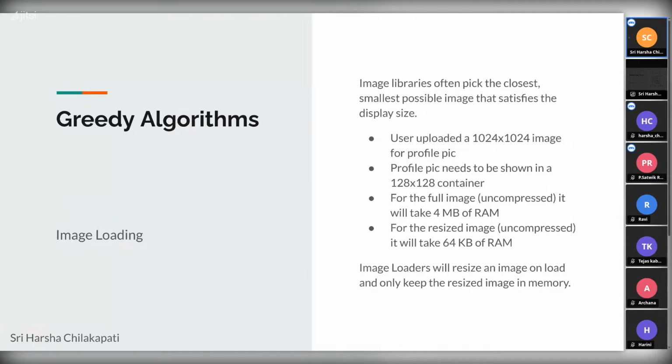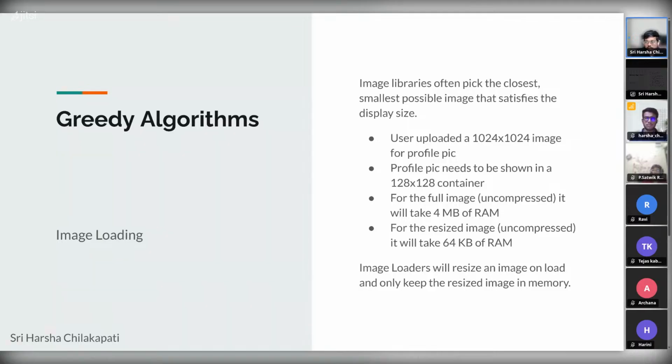Let's say you have your own profile picture. You are uploading your profile picture to Instagram, for example. Let's say you are taking your picture with your camera. Whenever you are using a camera, the picture gets created in full size, whether it is portrait or landscape.